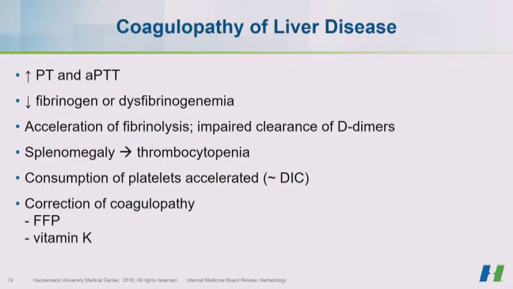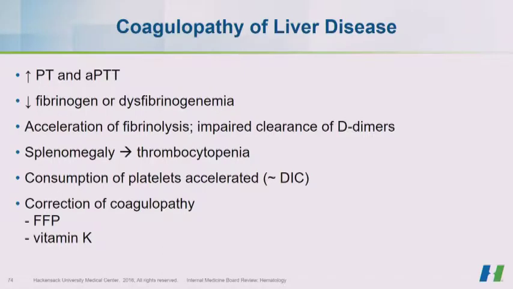Coagulopathy of liver disease is obviously also acquired. The liver produces almost all of the coagulation factors. One exemption is factor VIII. It usually tends towards a hemorrhagic picture in liver failure, not so much of a clotting type picture.